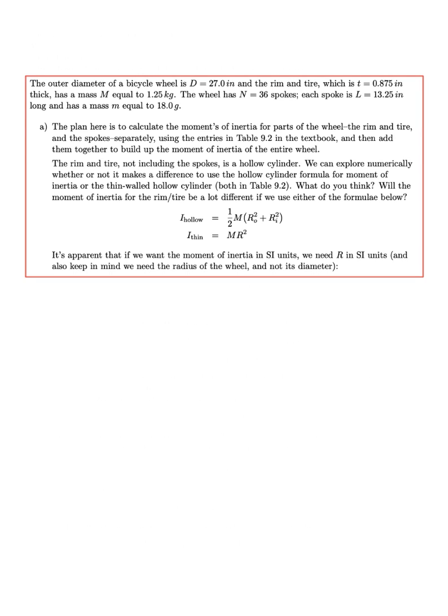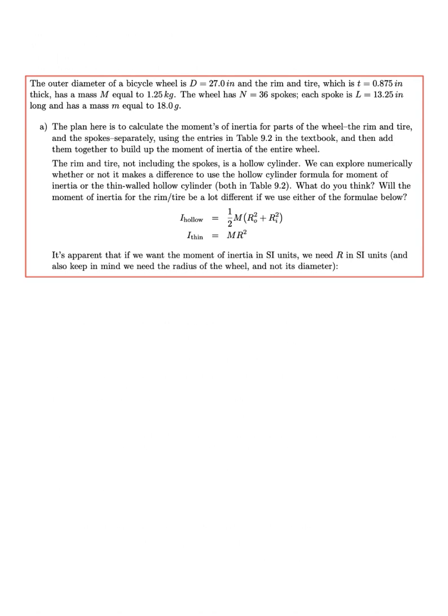And then we're going to have to come up with a formula that would calculate the moment of inertia of the 36 spokes. And then the total moment of inertia of the wheel is what we can calculate for the tire and the rim and what we can calculate for the spokes added together. So moments of inertia just add in the usual way.